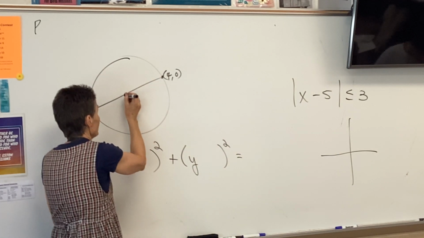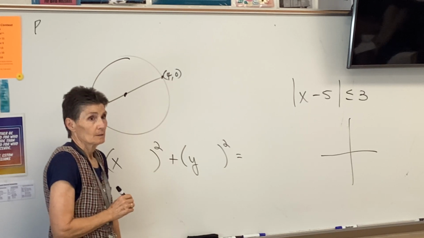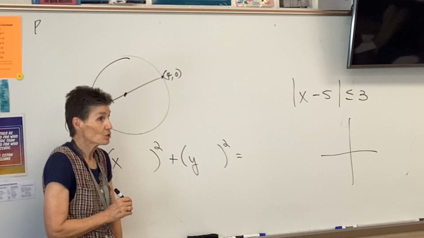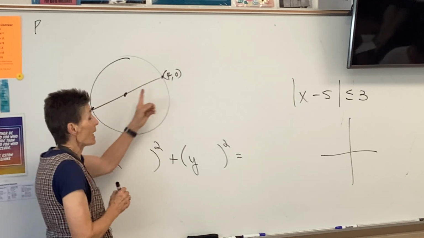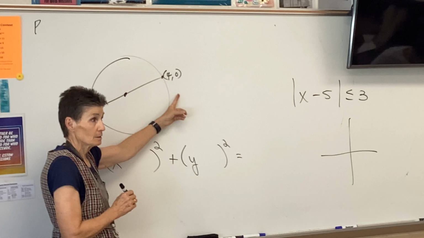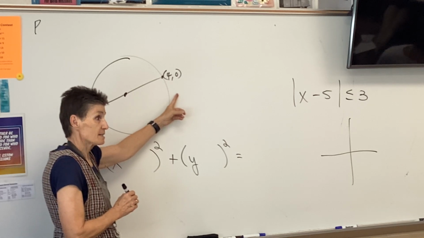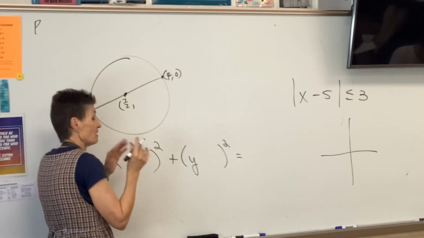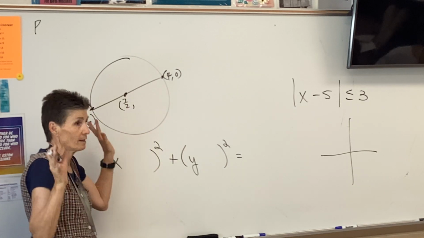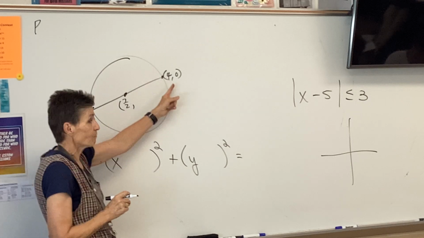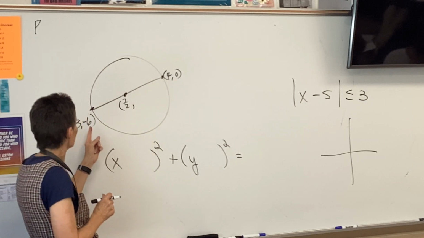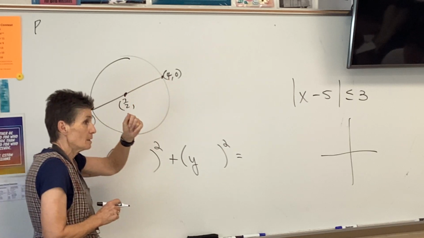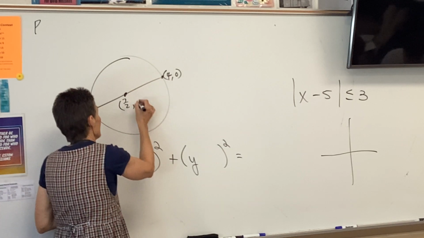Isn't it the midpoint of the diameter? Do we know how to find midpoint? Yeah, we average. So 3 and 4 makes 7 divided by 2. Either 7/2 or 3.5, it makes no difference, do whatever you want. So 3 plus 4 divided by 2, all right. And then -6 plus 0 divided by 2, -3.